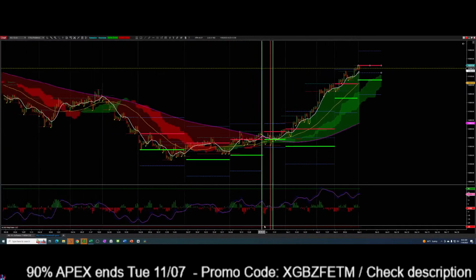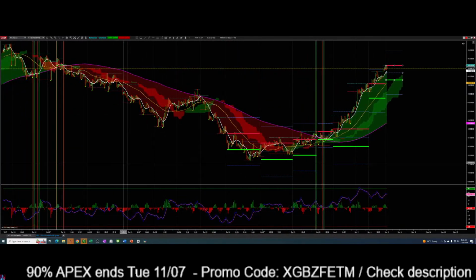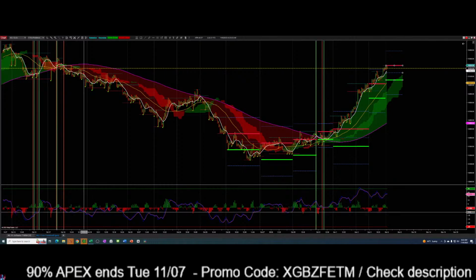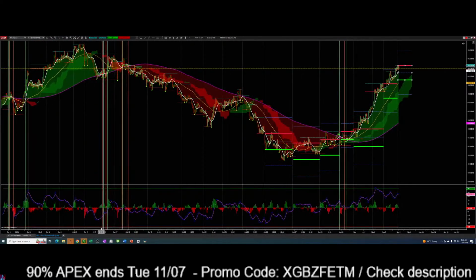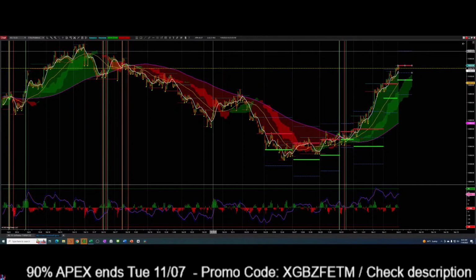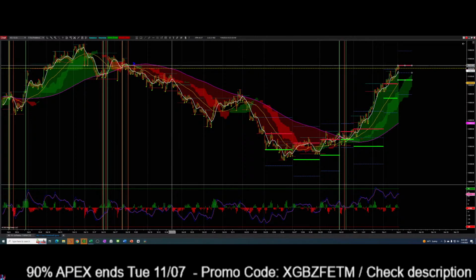Let's see what we have to the left here. Right there, we do have that resistance level, that resistance level, that resistance level, support.